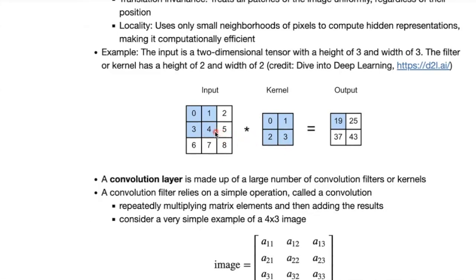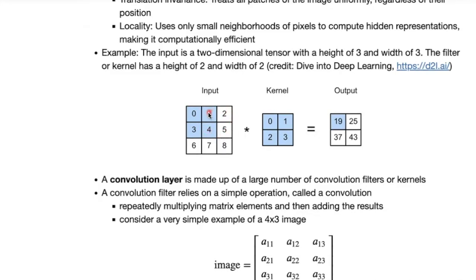So we get 12 plus 6 plus 1, which is 19. And then in order to find the next value, you have to shift this kernel one to the right, right? So this means that now this area would be the second position that we have for this kernel.